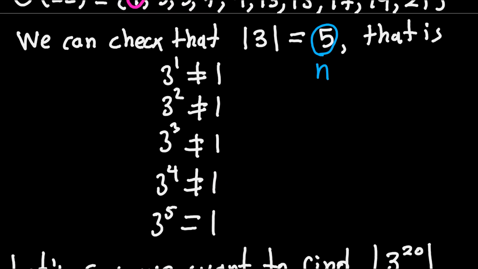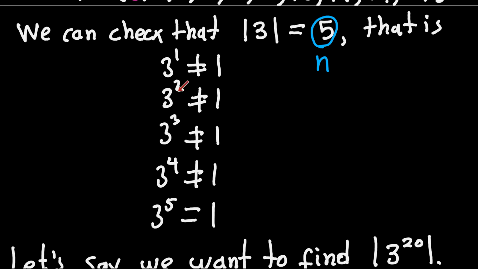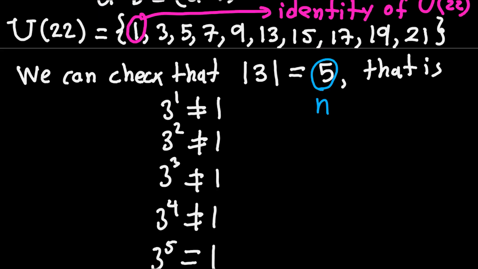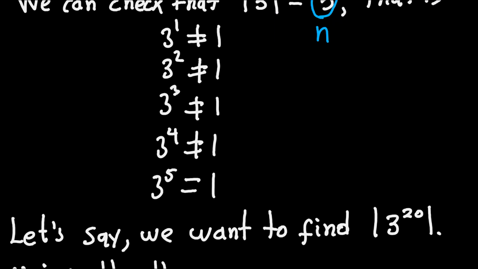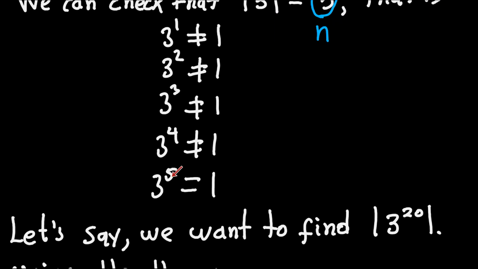Now remember, this notation means you operate the number 3 with itself, and that operation is always modulo 22. So when we write down 3 to the fifth, you take modulo 22, and you get 1 in that case.